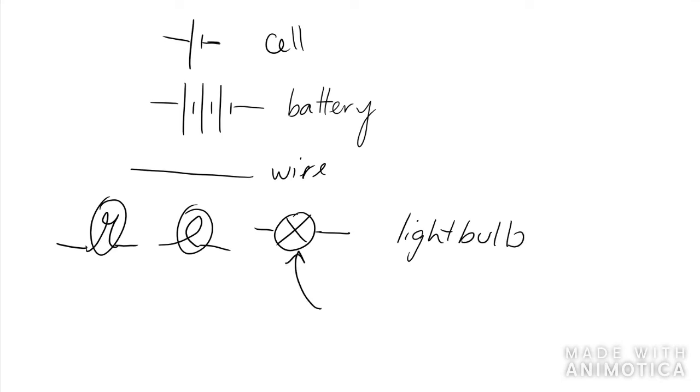This one, though, is actually a standard symbol for a load. A load is anything that slows down the electricity. It usually is something that converts it to some other type of energy.